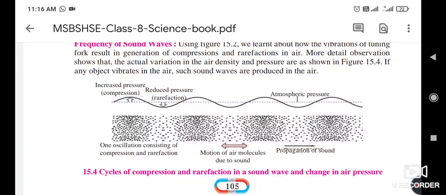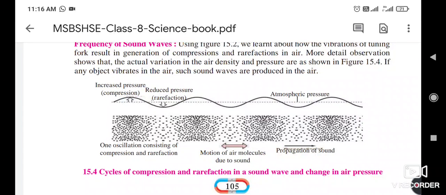So when the atmospheric pressure increases, the density becomes low. The motion of air molecules is spread, as we see in these pictures.